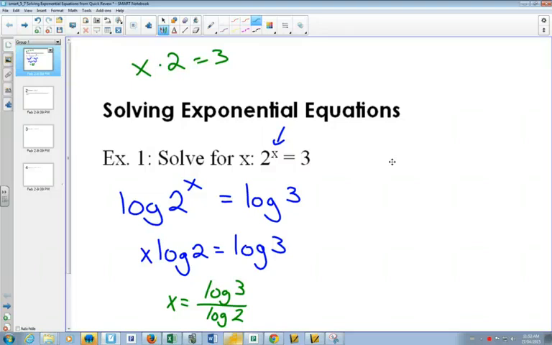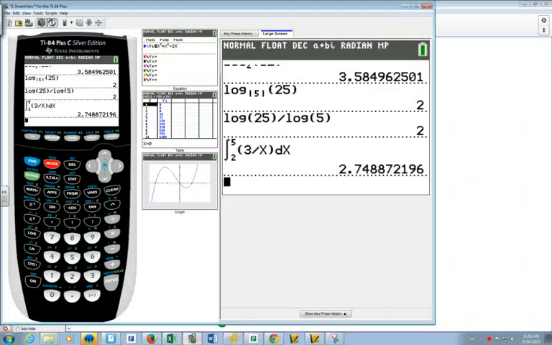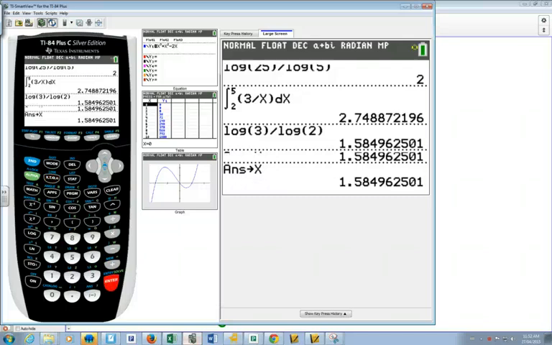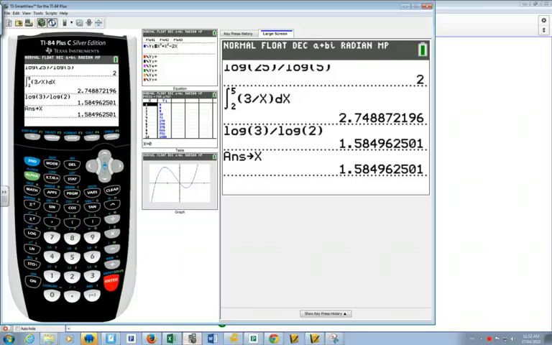Now when we go to our calculator and type that in, log of 3 divided by log of 2, we get 1.584. And what we're going to do a lot of times with these numbers, I'm going to store this one into memory as x. And then the nice thing about our exponential equations is you never have to flip to the back of the book to see if you're right.